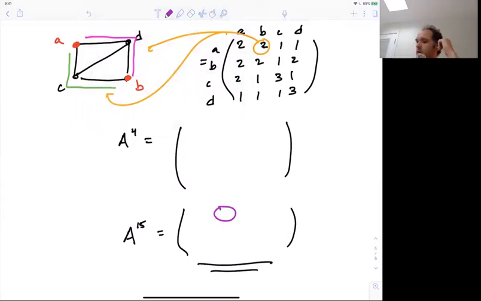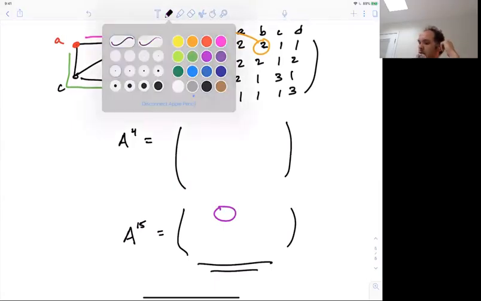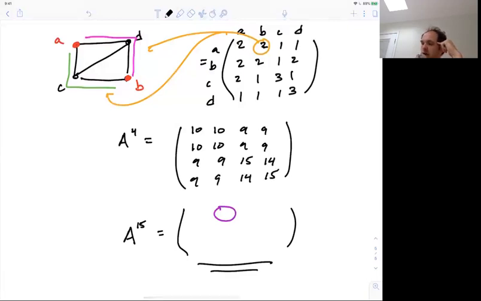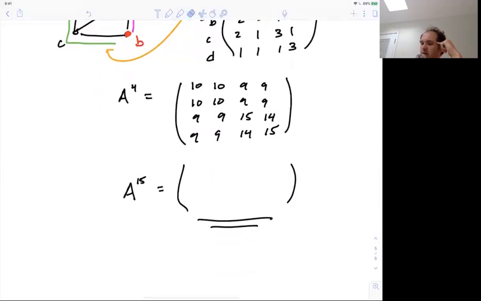For A to the 4th, we have something that looks like this. Again, this is just done using a computer. And for A to the 15th, we'll end up with something very huge.